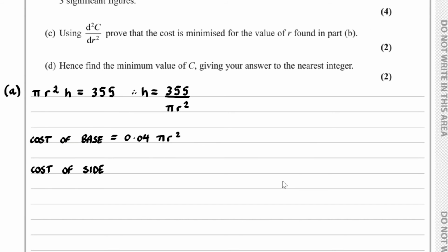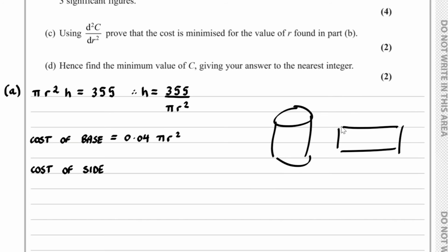For the cost of the side, well, if I think about my cylinder, for the side bit, we can open that up as a rectangle. The length of it will be the diameter times by pi to give the circumference.